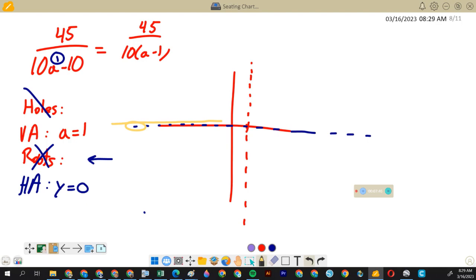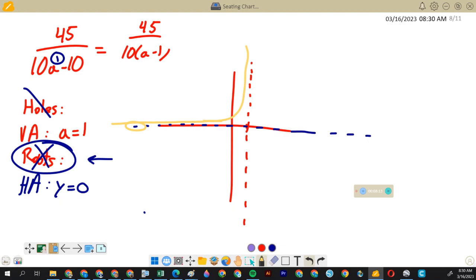No. So as I travel from left to right, I'm only allowed to cross the x-axis when it tells me to. So as I approach that vertical asymptote, I can't go down. I have to go up. And for most vertical asymptotes, if you go up on one side, you go down on the other.